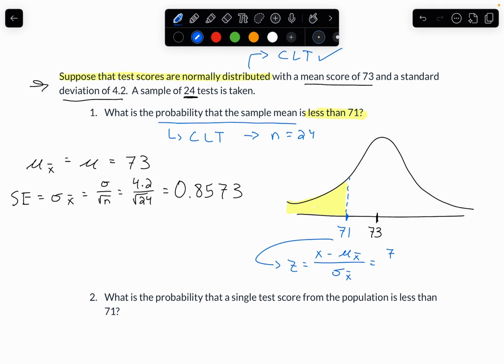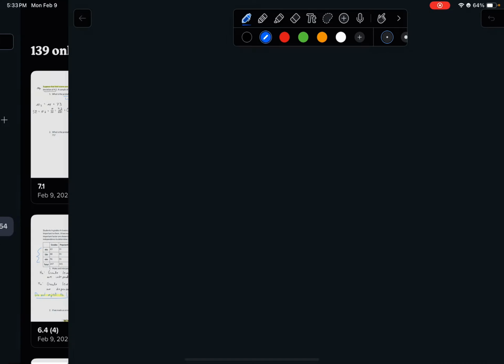So 71 minus 73, divided by 0.8573. My z-score looks like negative 2.33. So there's my z-score. And then at this point, we can hop over to our z-tables and ask, what's the area to the left of negative 2.33?